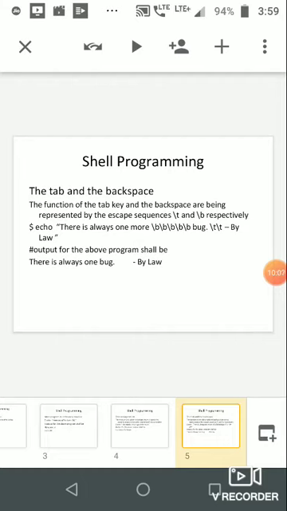Now these two are the escape sequences for the function of the tab key and backspace.